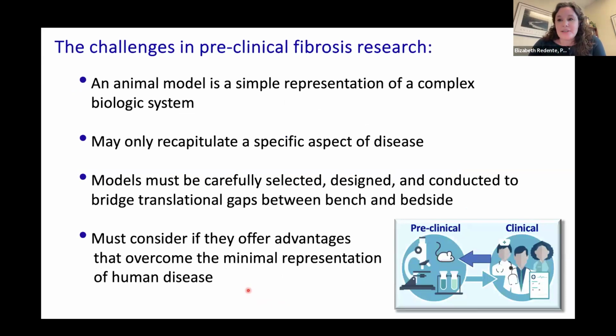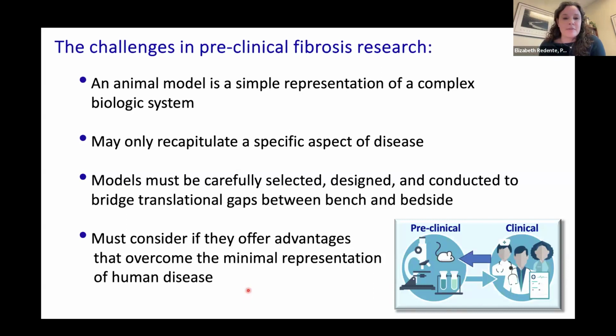So we really have to always keep in mind that these animal models are a pretty simple representation of a really complex biological system and a complex disease process. And they may only recapitulate a specific aspect of disease. And I think that is okay. And we need to really capitalize and utilize that as we ask our questions.